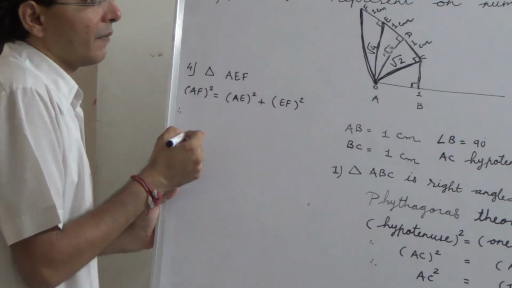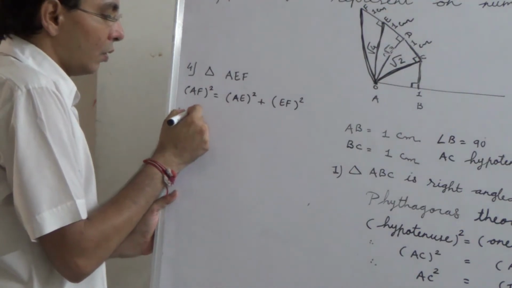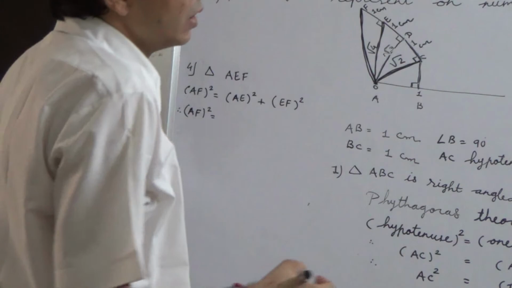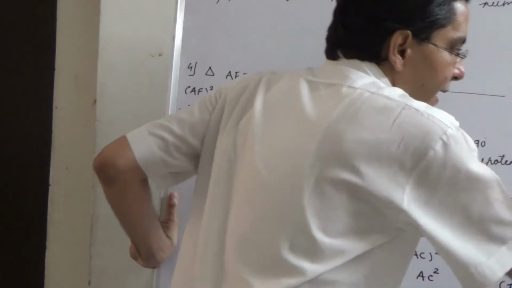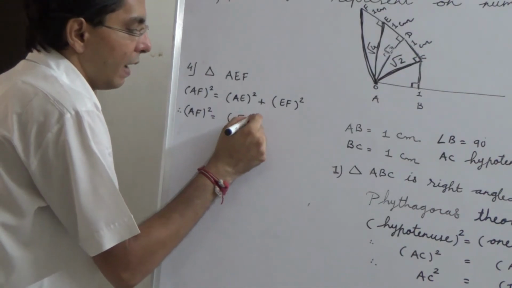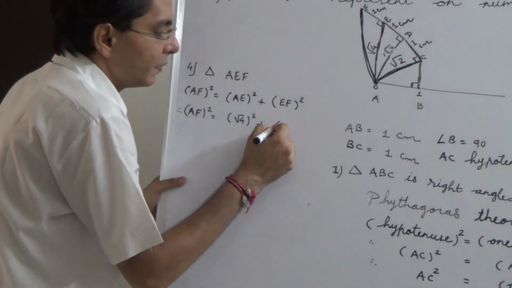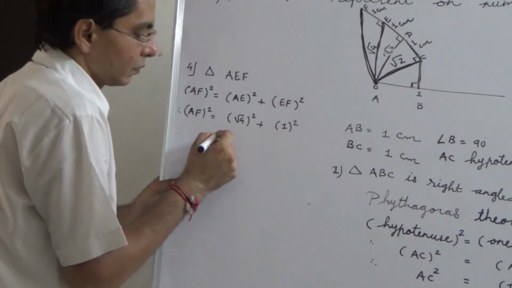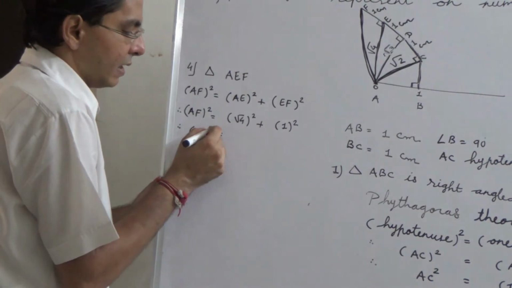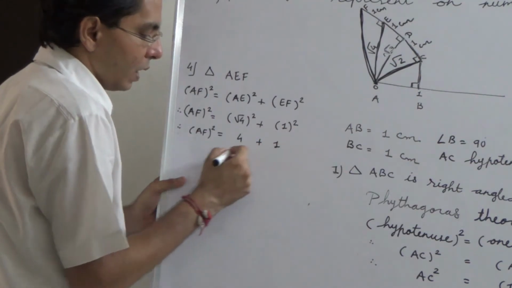The value of AF is not known, so AF square is equal to AE square. The value of AE we got is square root 4, so square root 4 square plus EF, which we take as 1 centimeter. So AF square is 4 plus 1 square, which is 1 also.